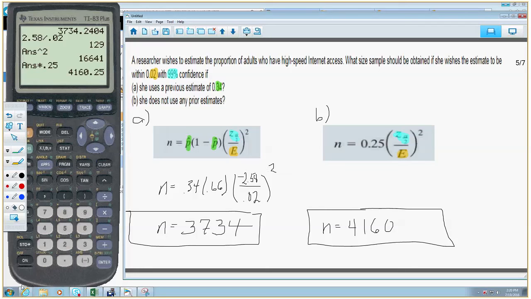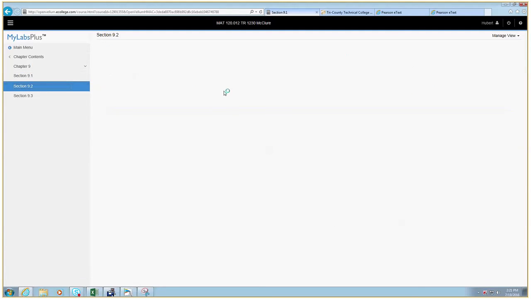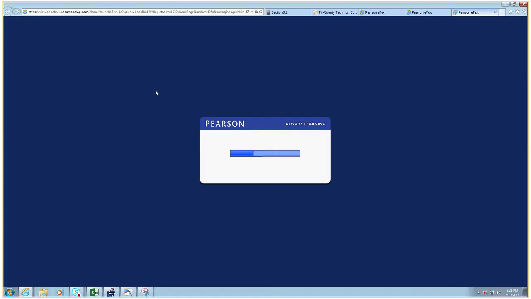Now, let me show you what we're going to go into Thursday. Right now, you're responsible for 9.1. 9.3 is nothing, so we're not going to spend any time on it, because it's just one little box and they hardly have any questions in the book.